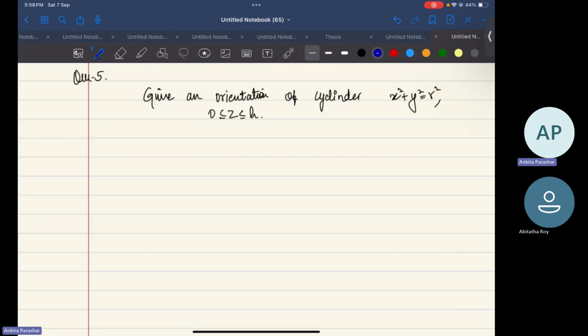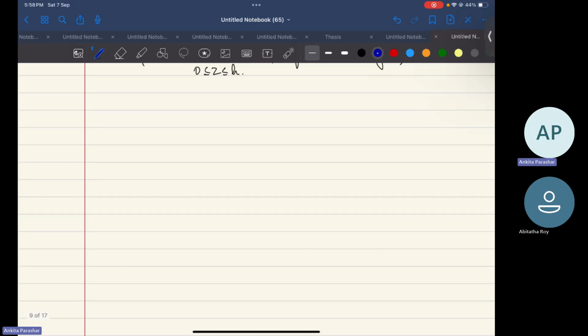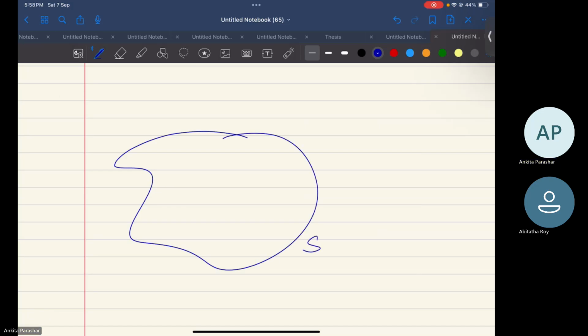Sorry, what did I do? Here again, I want to parameterize a cylinder, of course, and I have to give a certain kind of orientation to it. If you remember, orientation is always given. Sir has given certain ideas: suppose you have this surface and you have to define some kind of orientation to it, and you want to integrate, let's say, f dot dS over the surface.